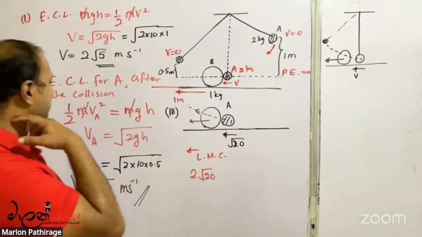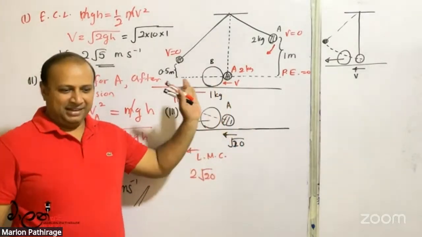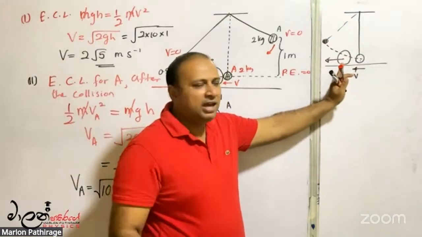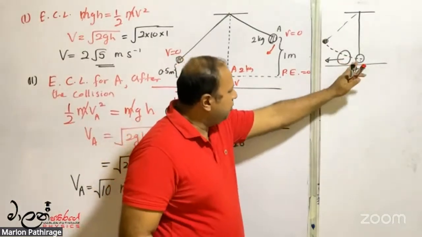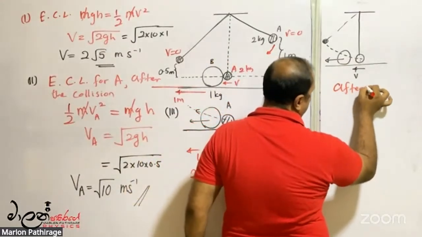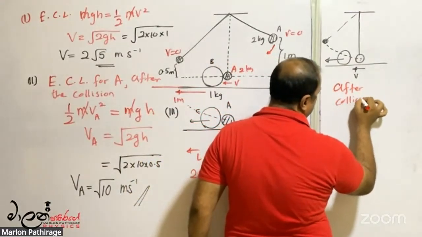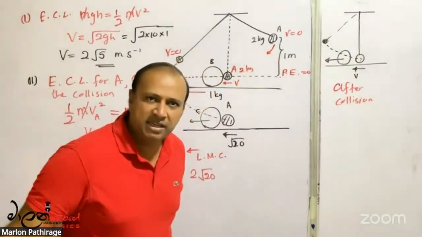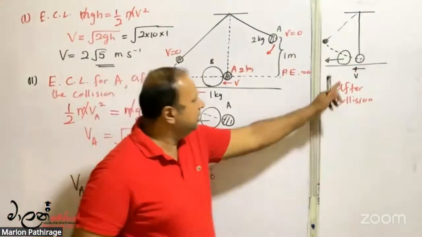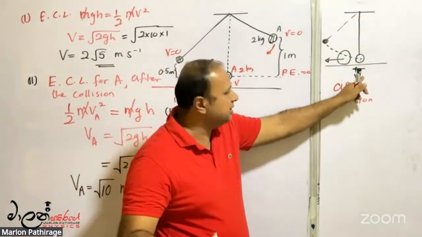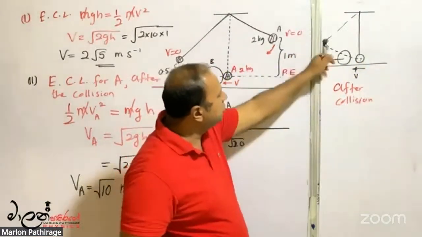Okay. Now there is no collision after this. Look at this one. This is after the collision. After the collision, this object will move in a straight line, and this object will move at a certain speed.